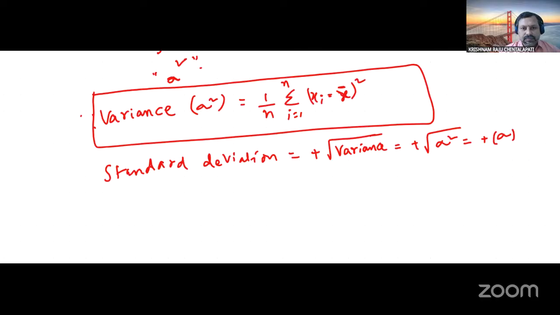So standard deviation sigma gives the positive square root of variance.